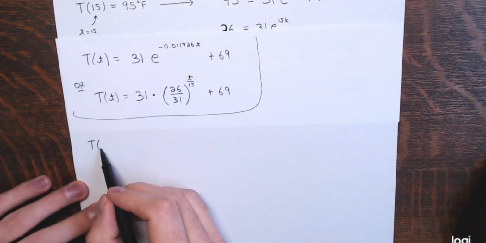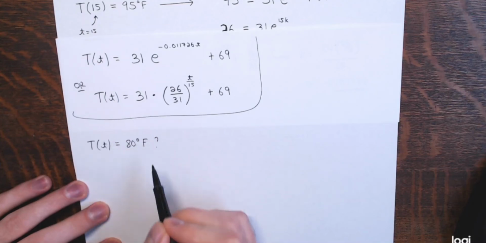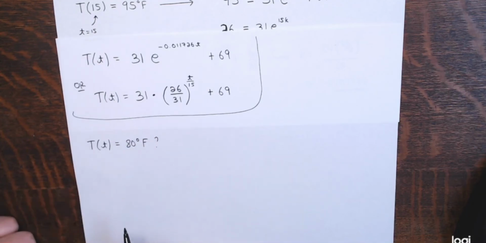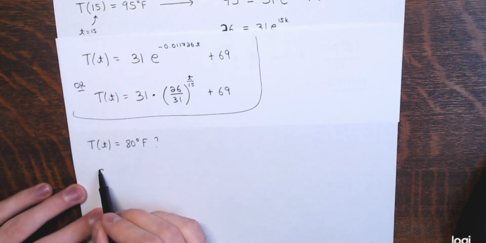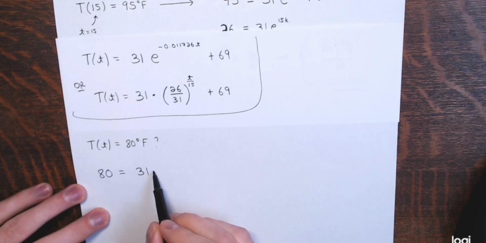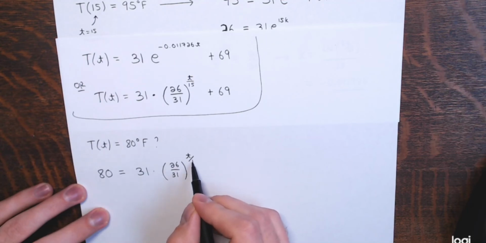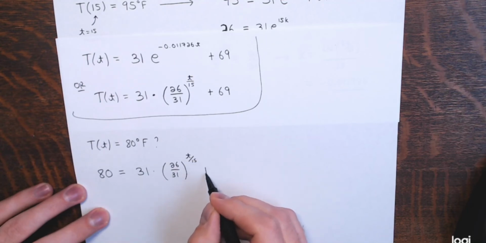When is T of t going to be equal to 80 degrees Fahrenheit? So I replace capital T with 80. So on the left side I have 80 equals 31 times 26/31 to the t divided by 15 power plus 69.